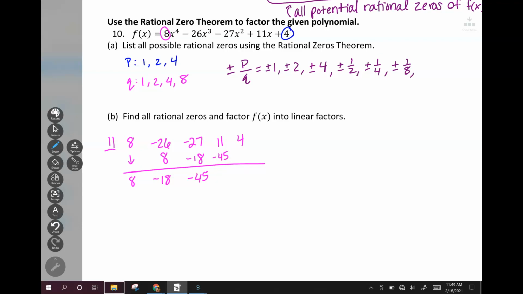This doesn't look like it's going to work out. Okay, so 1 is not a 0. Now we'll try -1. It's kind of a little guessing game, but now that we're very proficient with synthetic division, no problem. It's pretty quick.